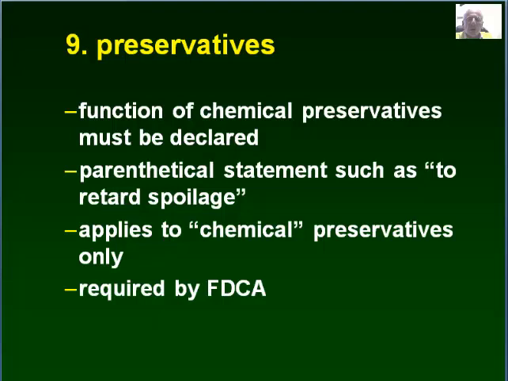If you have that in, then right in parentheses, right beside that, you would put "to retard spoilage." And this is because many consumers certainly would not be familiar with a particular chemical additive that's being put into their product as a preservative, and what the particular function of that ingredient might be in that product.